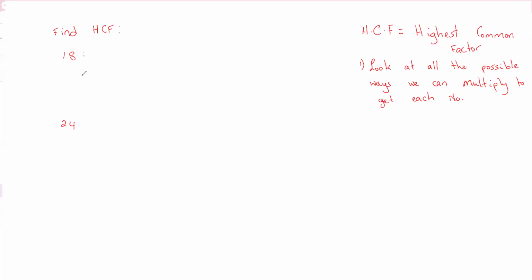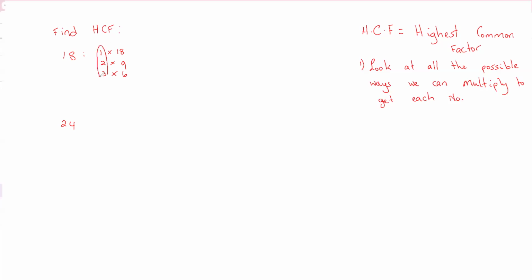So start with 1. So 1 times 18. 2, we could multiply 2 by 9. 3, we can multiply 3 times 6. 4, we can't multiply 4 by any whole number to get 18. Need a 5, but 6 can.